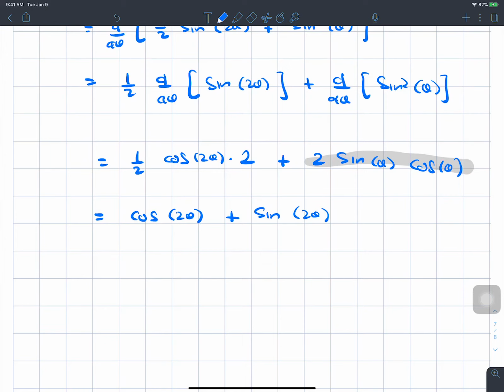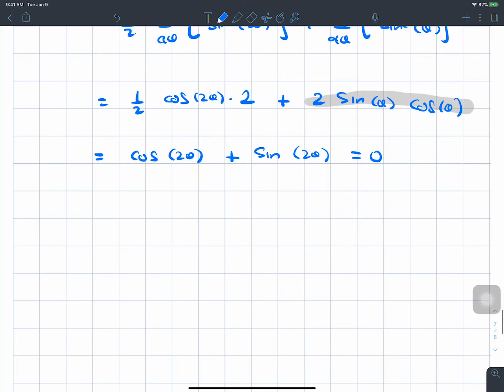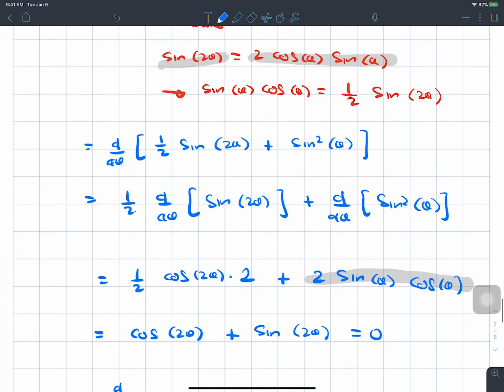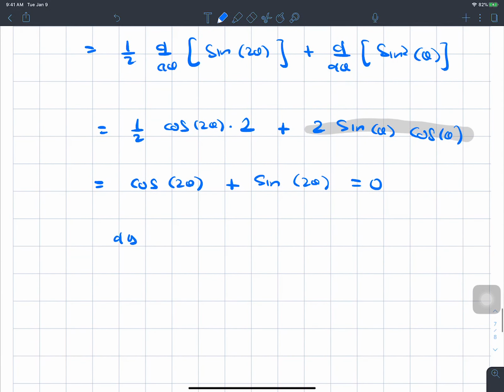Okay. Plus sine 2 theta, and that derivative is supposed to be 0, right? So we have dy d theta equal to cosine 2 theta plus sine 2 theta. Okay?